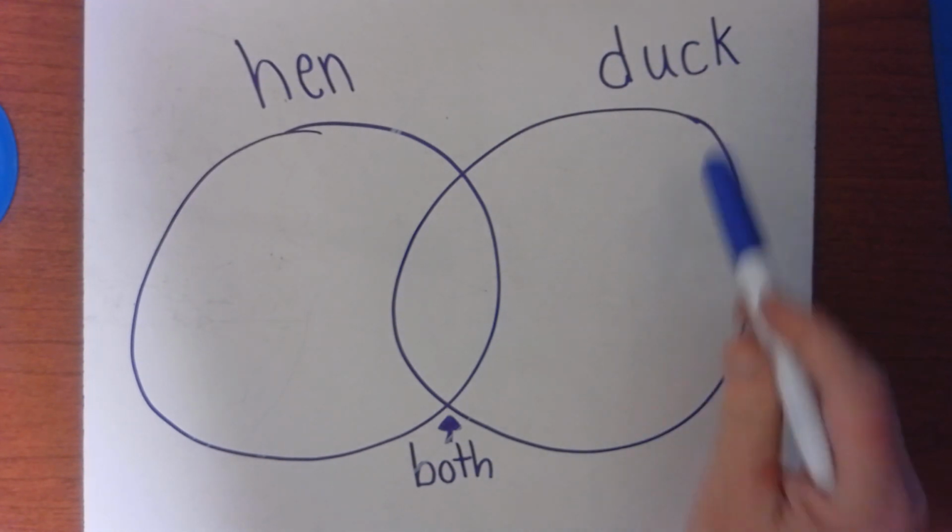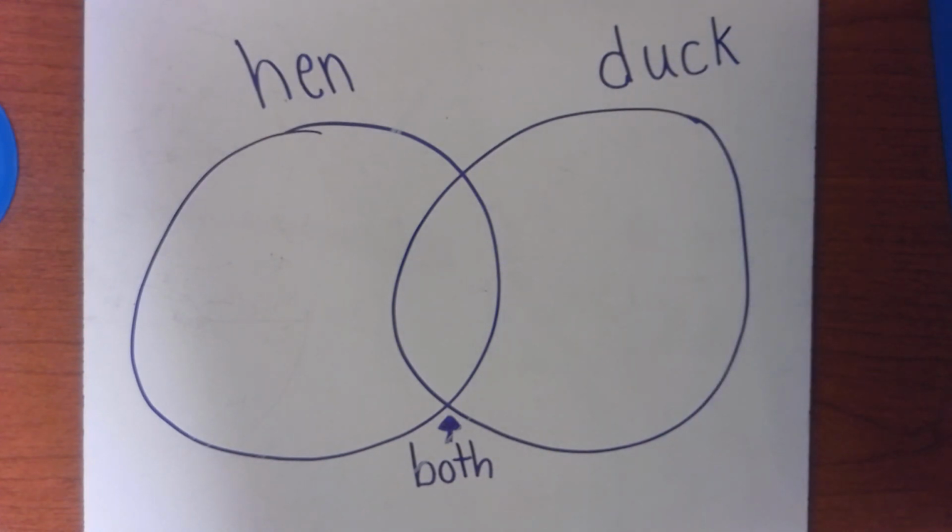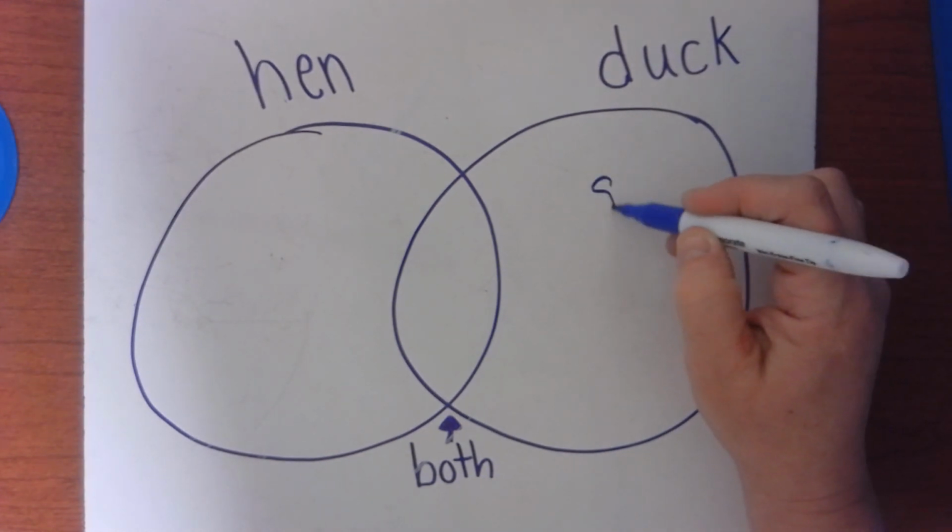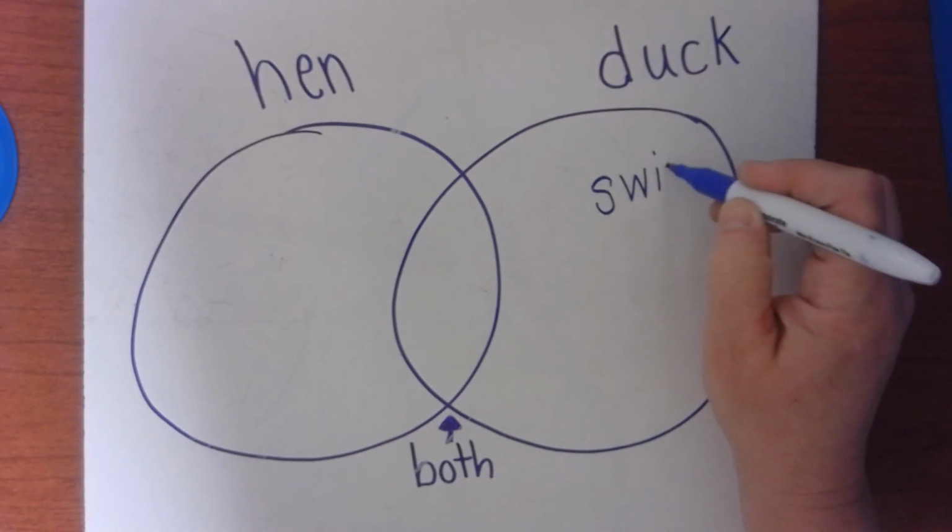Another bird is a duck. How can we think about how a hen and a duck, or a chicken and a duck, might be different or might be the same? You're right. A duck can swim. Can a hen swim?